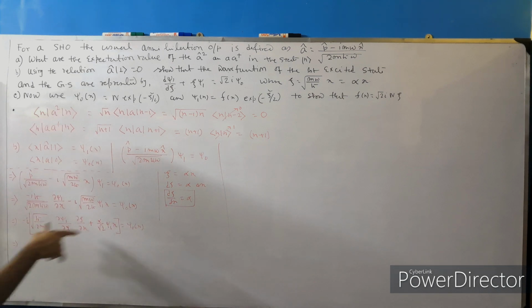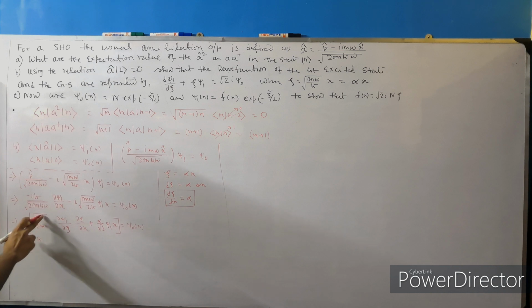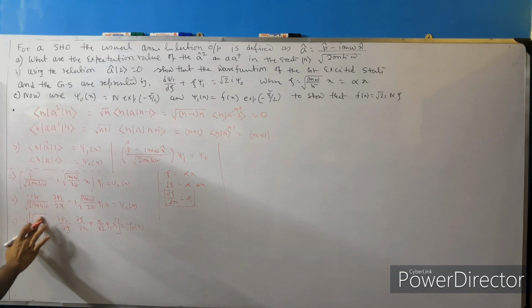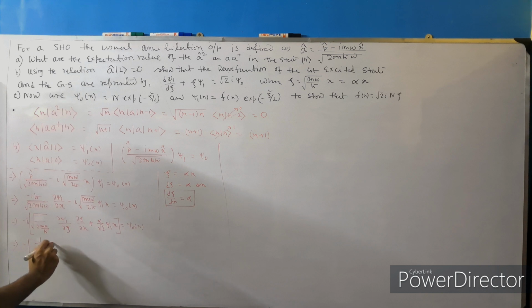Now if I divide by i on both sides, then I am left with a minus m omega by h cut. If I divide the whole thing by h cut, then I will be left with a simple h cut here. This is 1 by root 2 alpha into this del xi del x, which will give me alpha.